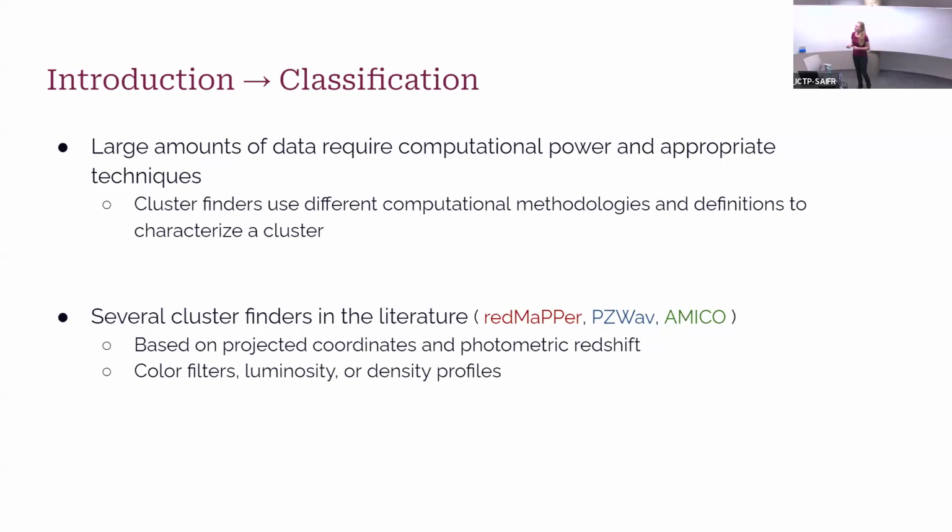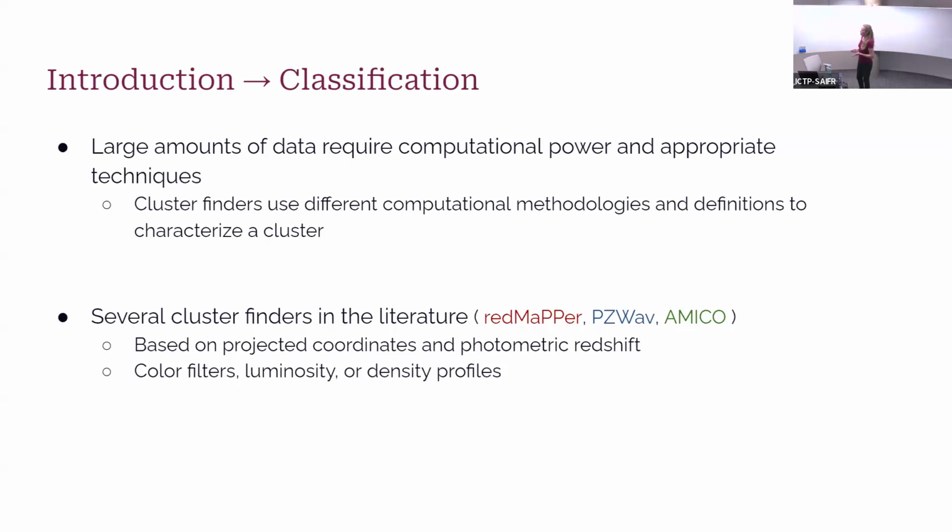And now we have new observations and surveys that give us a lot of data, and we need computational power and also better techniques than looking at each one by eye. This is done with what we call cluster finders, which use different computational methodologies and definitions to characterize what a cluster is.